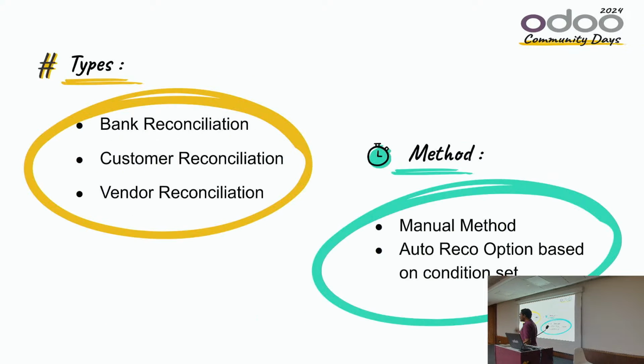And of course, the methods: auto, and second, manual. Manual we have always done for decades, since class 11 onwards we start studying and trying to understand this concept. We are doing only the manual one.